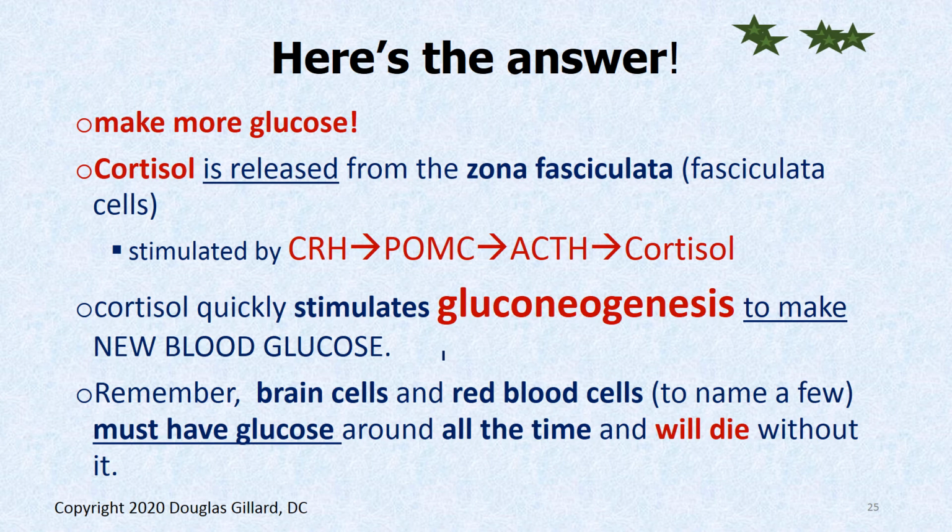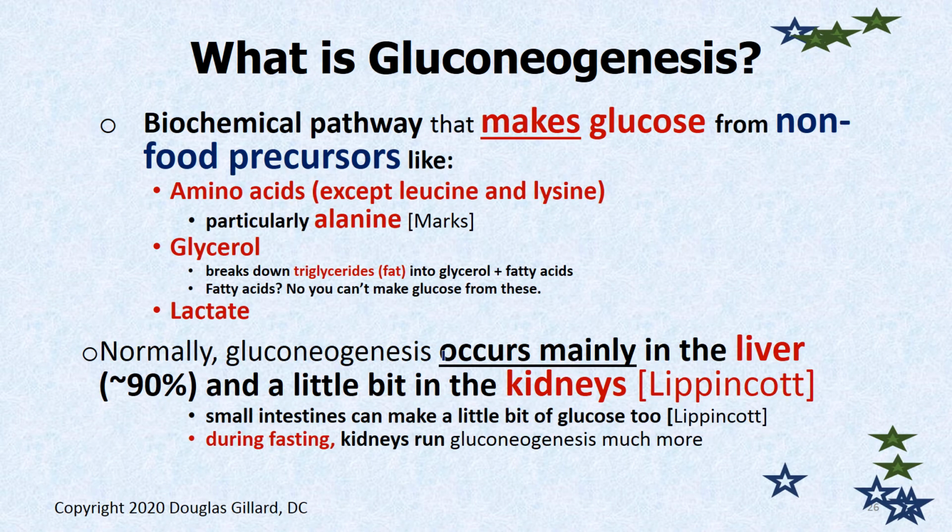Remember, some cells in the body, brain cells and red blood cells, have to have blood glucose around all the time. They can't make their own glucose. Some other tissues, like muscle, can do okay without it around, but not brain cells. What is gluconeogenesis? We're going to talk about that tomorrow specifically, but it's a pathway that makes glucose from non-food precursors.